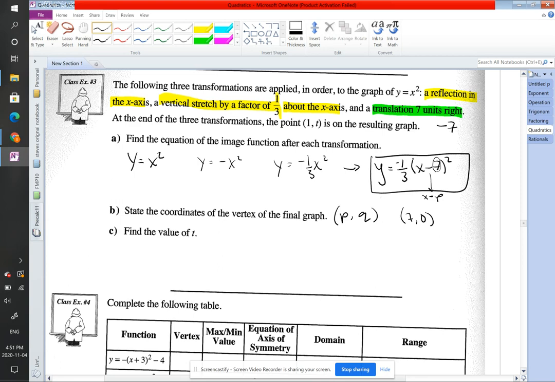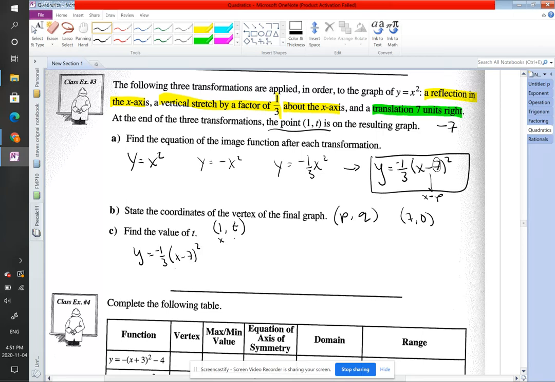Find the value of t. So basically, it said the point (1, t) is on the graph. And we need to find the value of t. Well, it's giving us the x value. We just need to find the y value. So we know y is equal to negative 1/3 (x minus 7) squared.